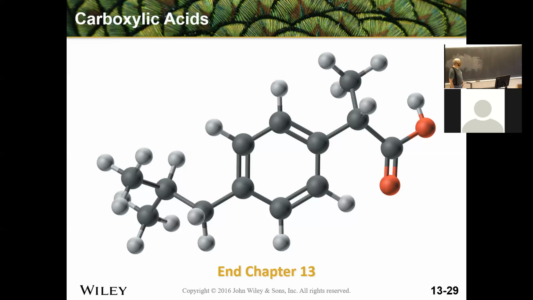2-hydroxybenzoic acid is commonly called salicylic acid. The name salicylic acid comes from salix, which means willow. This goes back to ancient Roman times.